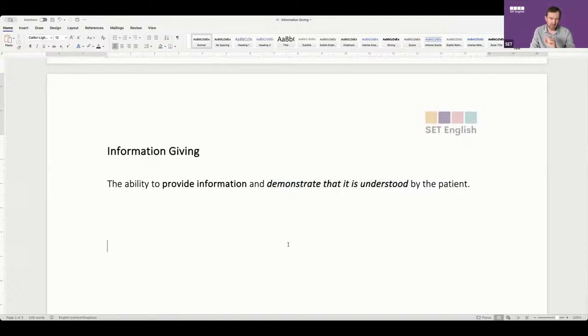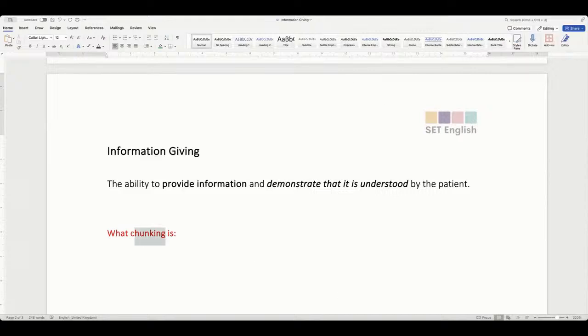Any questions at the moment about this? No? Okay, that's a good basis. Chunking. This is a word that we really need to think about. So let's go for Sonia. Are you there, Sonia? Hi, Sonia. What's chunking?